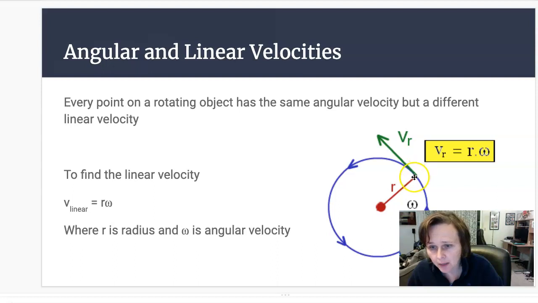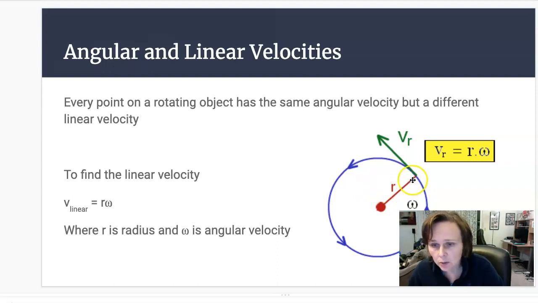If an object is at the end of this line here, it needs to cover a longer linear path to move around the circle than if it were in the middle or in any other position closer to the center, which will result in a smaller circle, which means a smaller linear path.